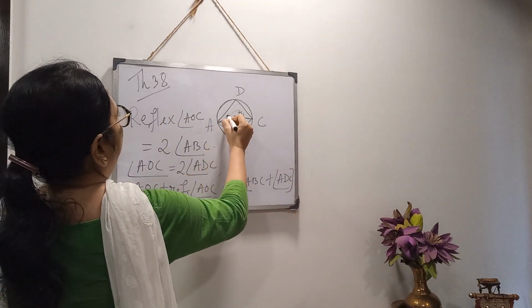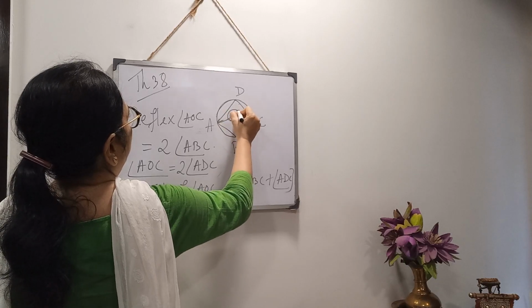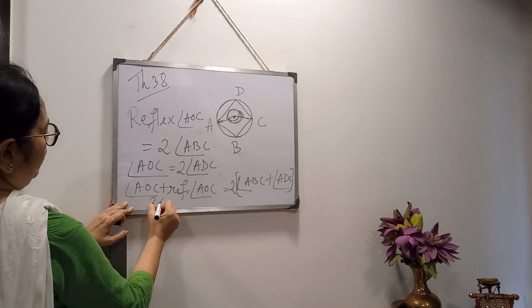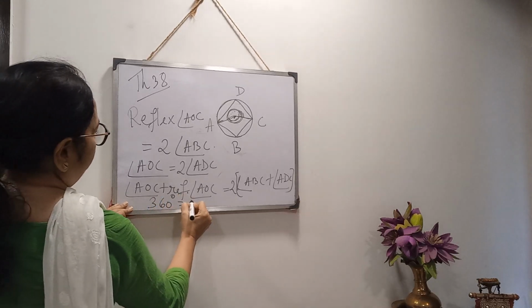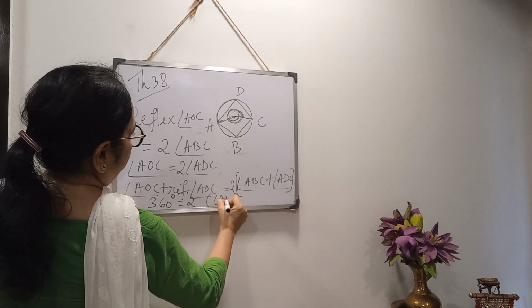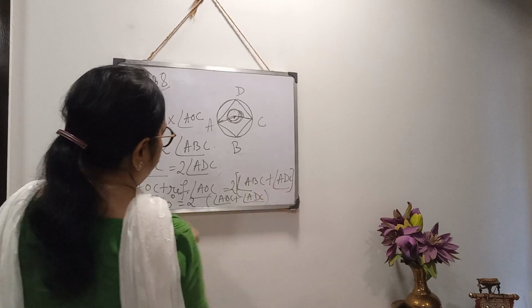Now angle AOC plus reflex angle AOC means total angle 360 degrees. So 360 degrees equals twice angle ABC plus angle ADC.